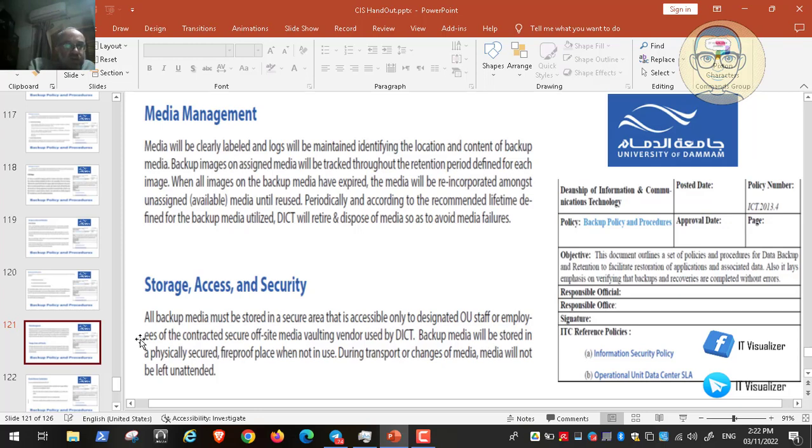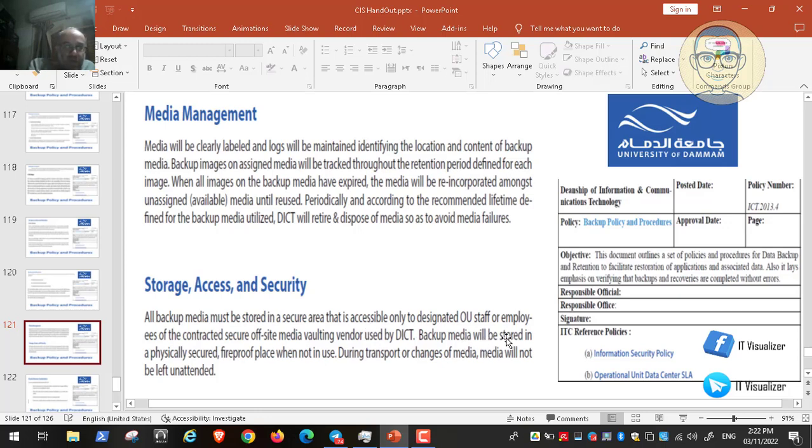And storage, access and security. All backup media must be stored in a secure area that is accessible only to designated staff or employees of the contracted secure off-site media vault vendor used by the DICT. For example, if you are putting your data in an off-site bank, the vendors or the personnel of the bank are authorized to access this vault.